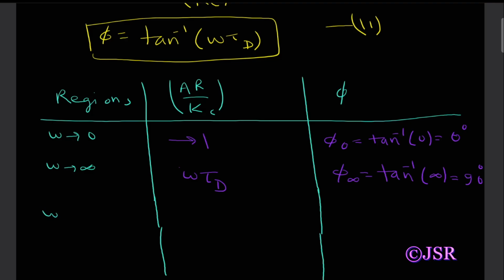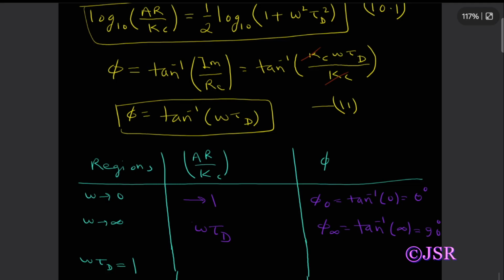So when omega tau d equal to 1, or omega c equal to 1 upon tau d, in that case log 10 AR by KC will be equal to 1 by 2 log 10 1 plus 1, and that will be half log 10 2, which can be further simplified as log 10 under root 2.